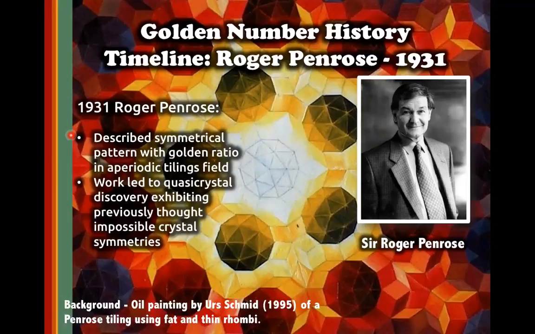His work led to the discovery of quasi-crystals, which exhibit previously thought impossible crystal symmetries. Here in the background, we have an oil painting by Urs Schmidt in 1995, showing Roger Penrose's tiling using fat and thin rhombi. So really awesome there.